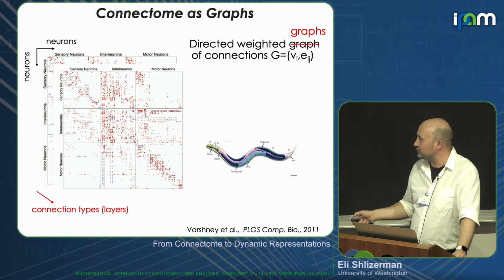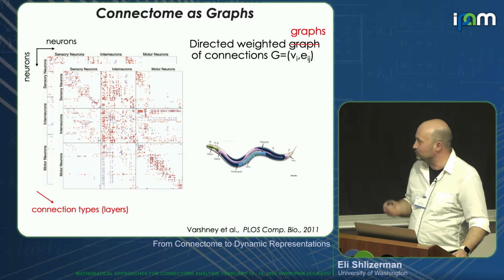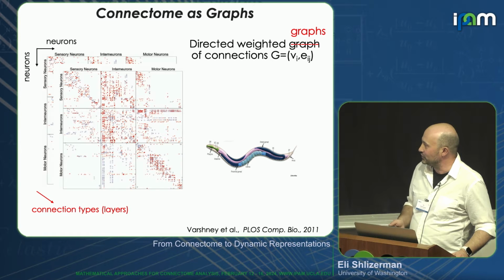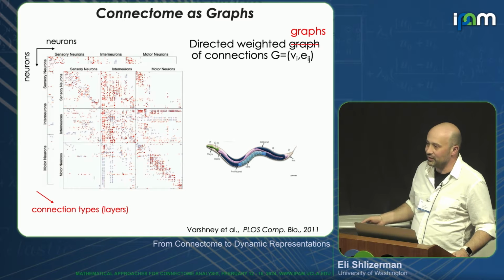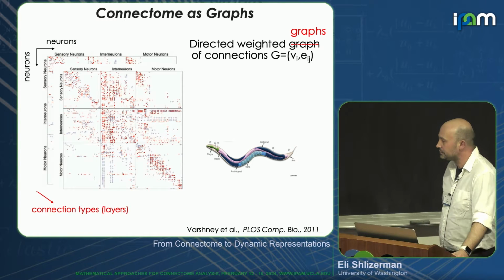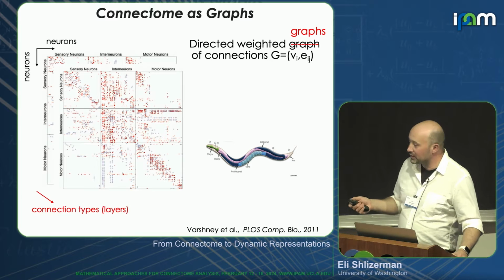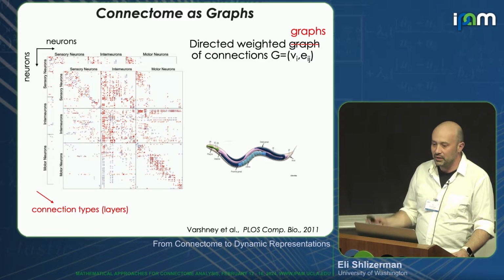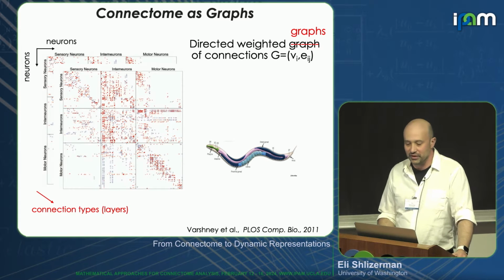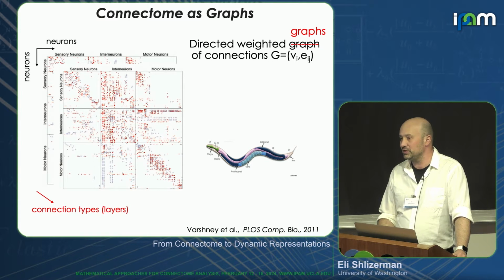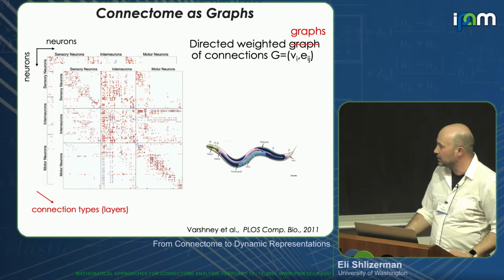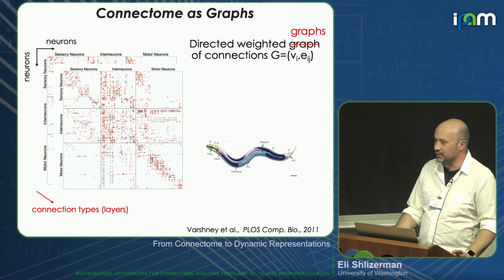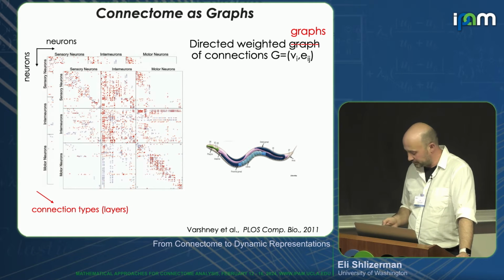And if we know how neuromodulators connect different neurons, this will be another layer here, and so on. Many graph theoretical methods were applied to this representation, in terms of community detection, graph traversals, pathways, and so on. So really a central model.